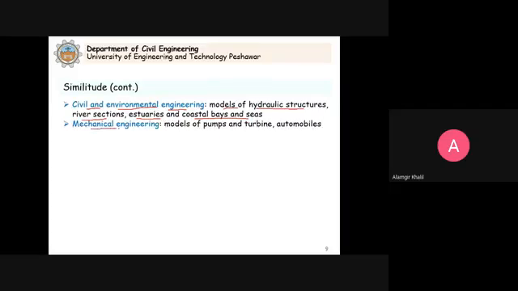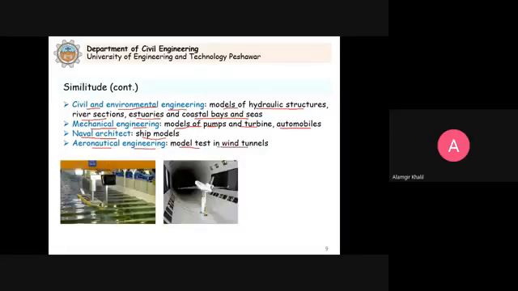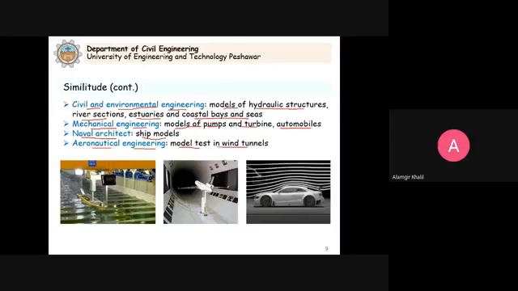Mechanical engineering: models of pumps and turbines, automobiles. Naval architects develop ship models. Aeronautical engineering: model tests in wind tunnels. So you can see here that a model of a boat is tested.